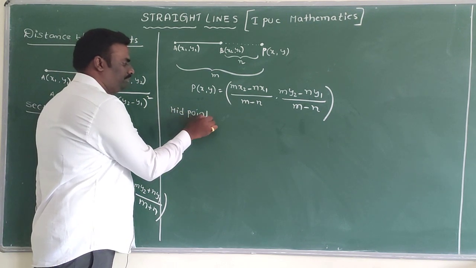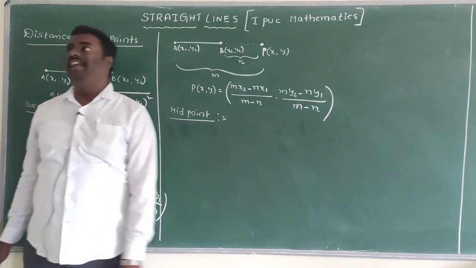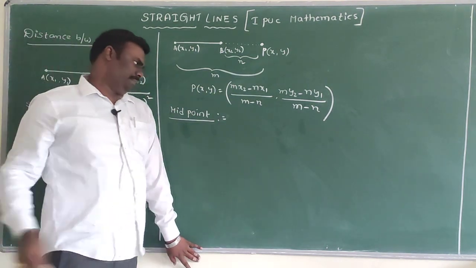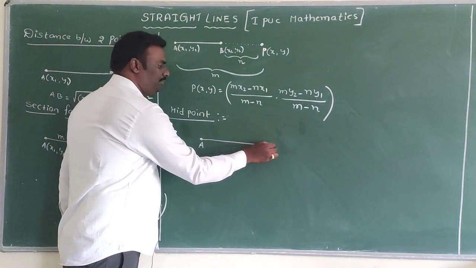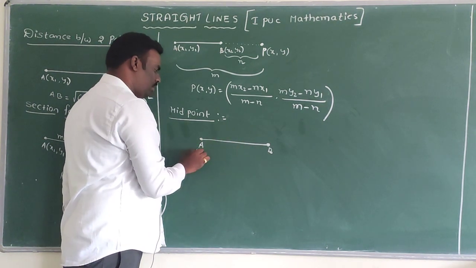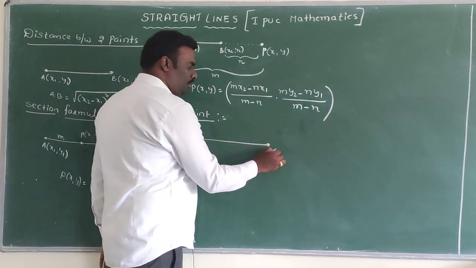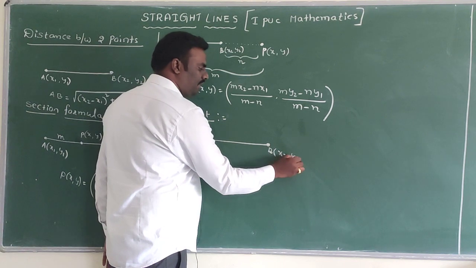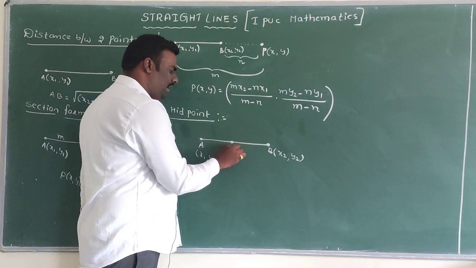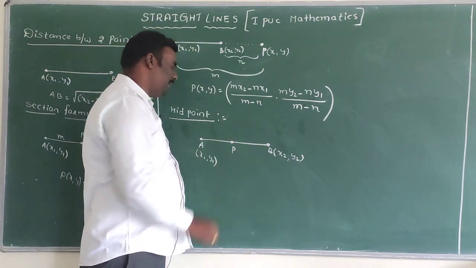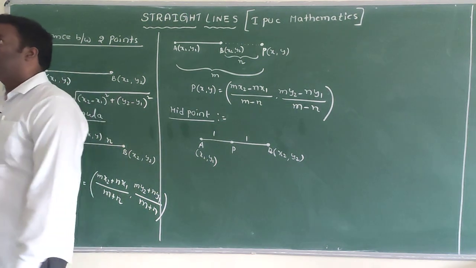Next, I am going to discuss the midpoint. How to find the midpoint of A and B? Simple. This is AB. The coordinates of A are x1 y1 and coordinates of B are x2 y2. Here P is a point and P is the midpoint of A and B. Midpoint means it divides in the ratio 1:1.